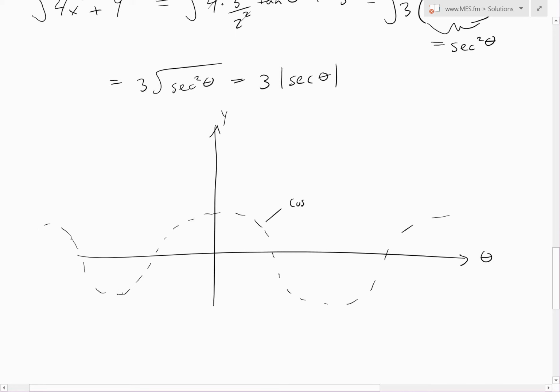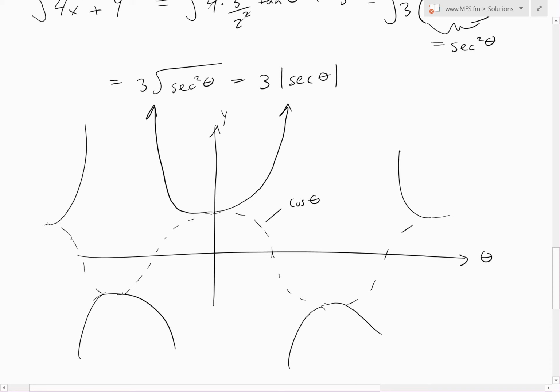So if this is cosine theta, then we know the secant is just 1 divided by it. So 1 divided by 1 is 1. At 0, we go to infinity. So it goes something like this. It goes like that. So right here is secant theta. And now this point right here at the 0 is going to be pi over 2.